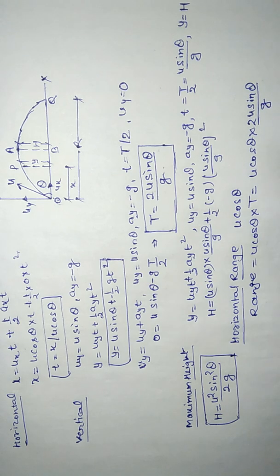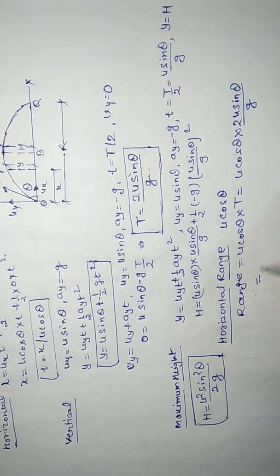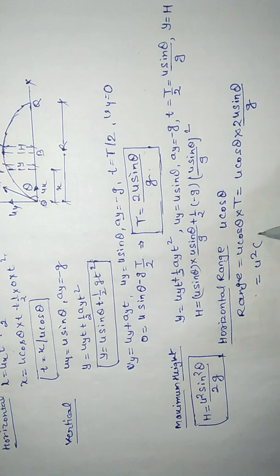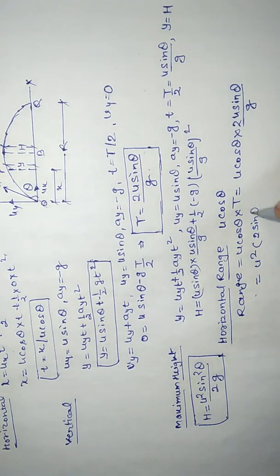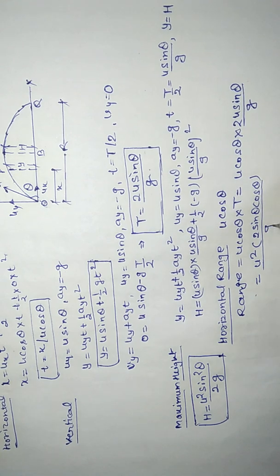It will give u square into 2 sin theta cos theta upon g.